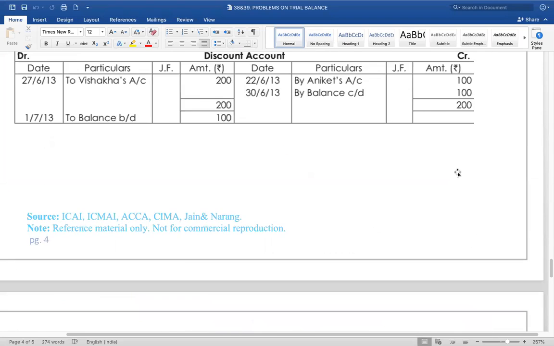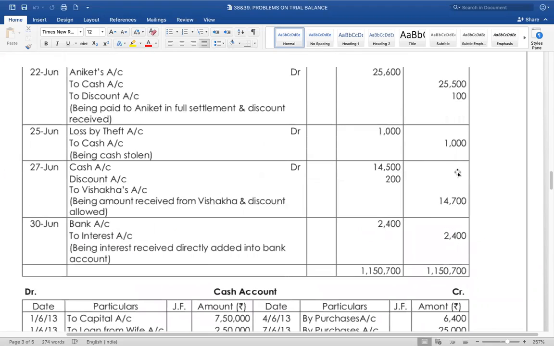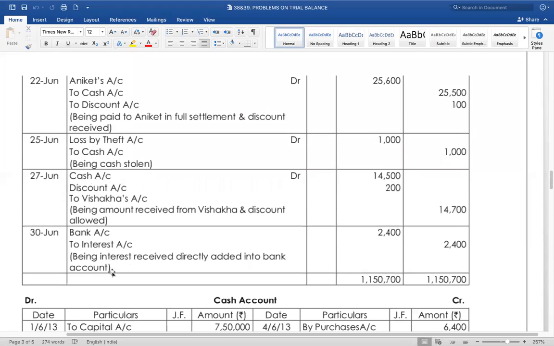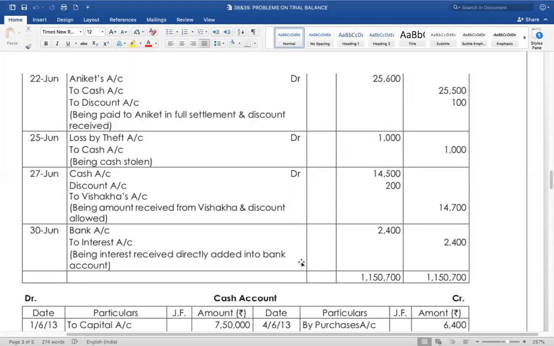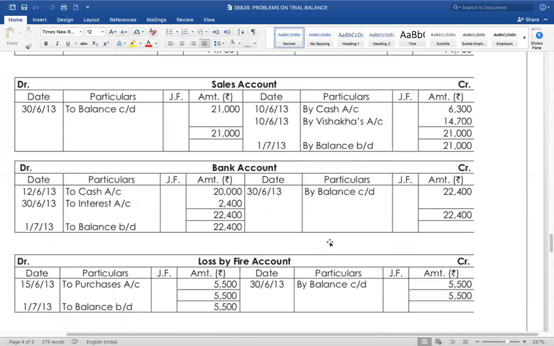Okay, Vishaka is over, Aniket is over. Next account to open is the bank account, 2,400. Bank account debit to cash, 20,000.